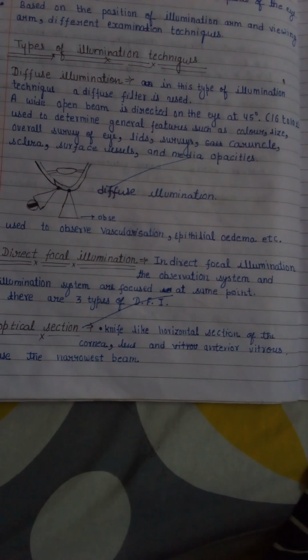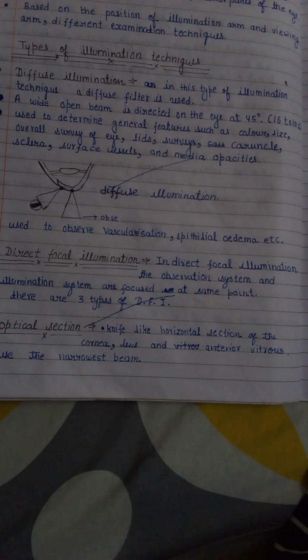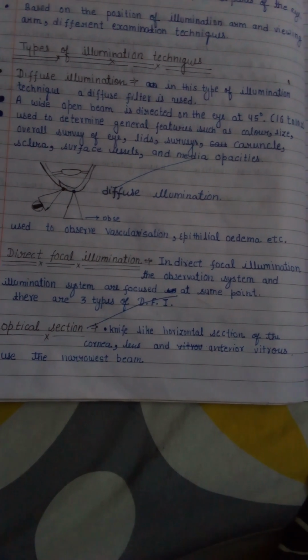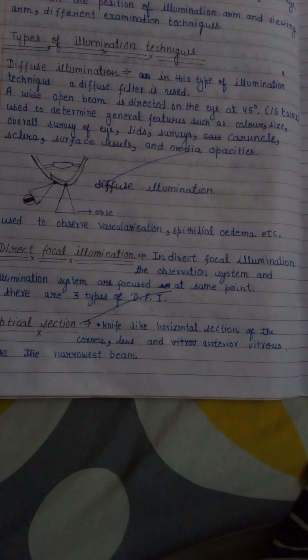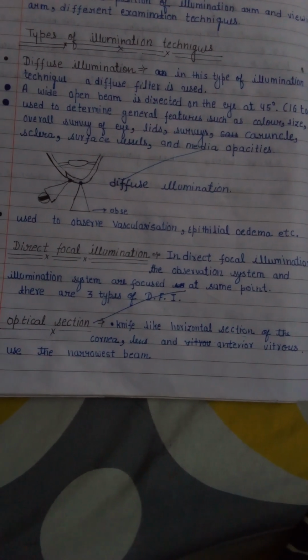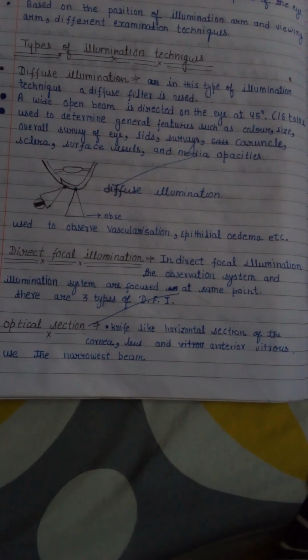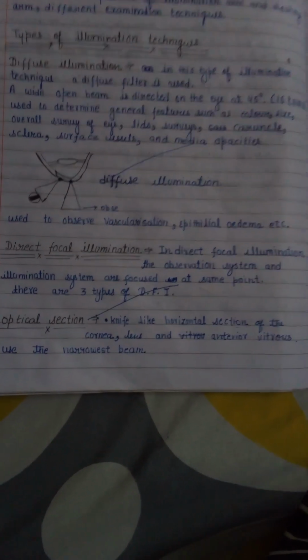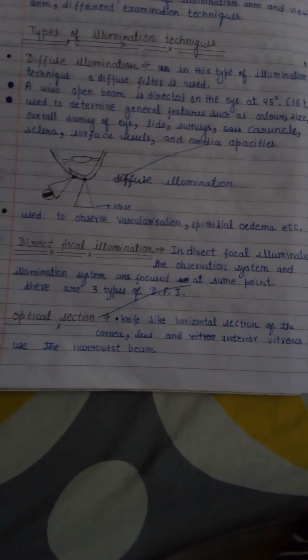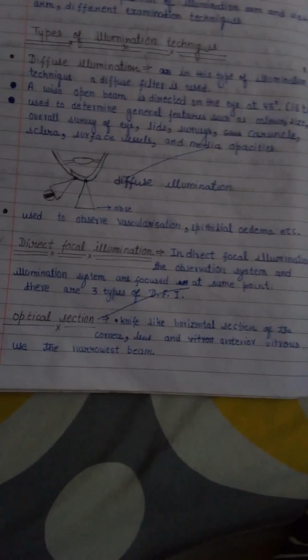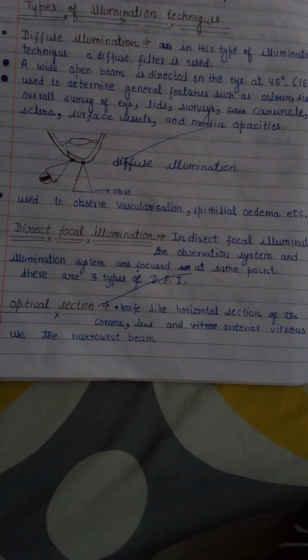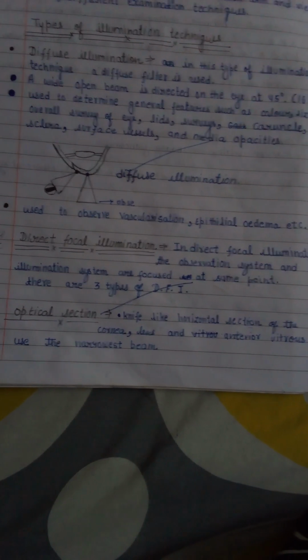So we can observe the color of iris, color of sclera, eyelids, caruncle, and different types of media opacities, vessels, vascularization. All these things we can see by diffuse illumination.